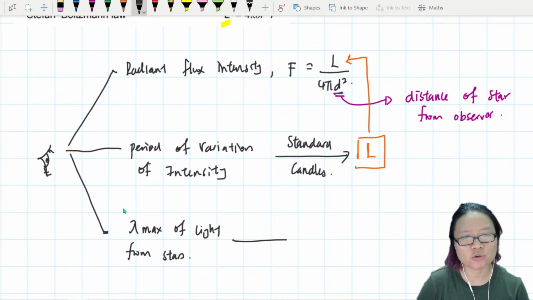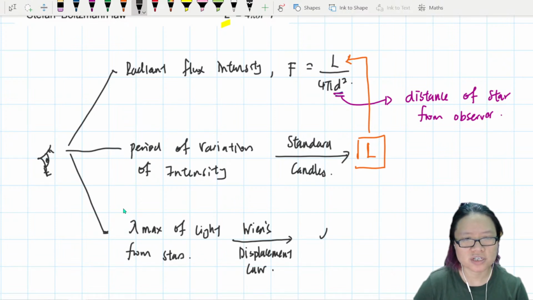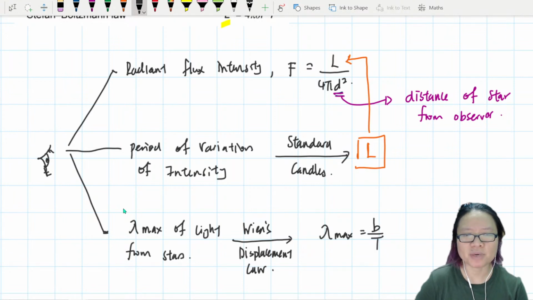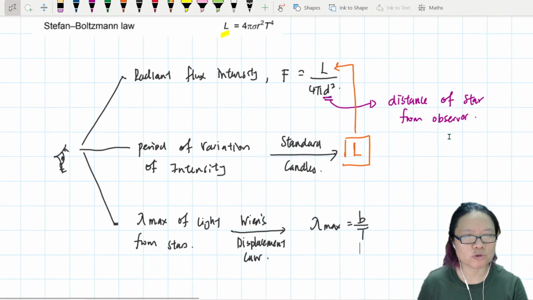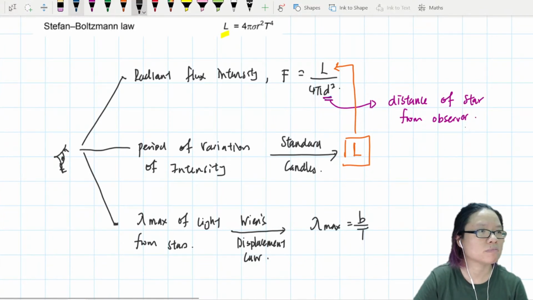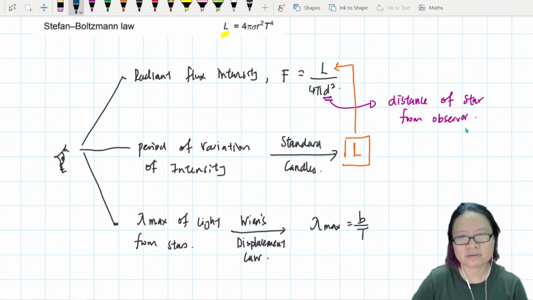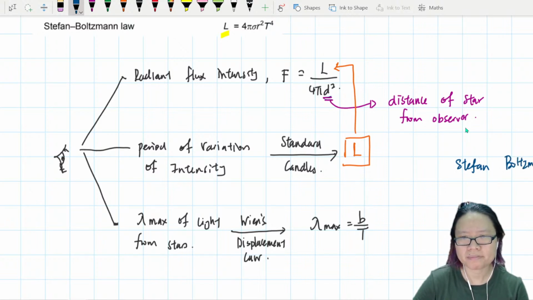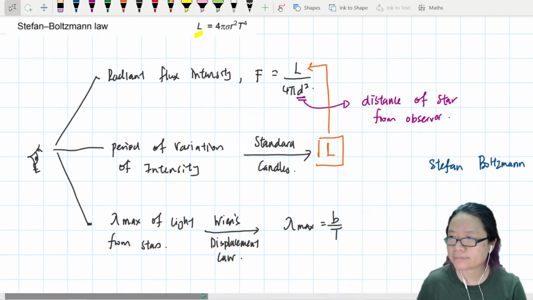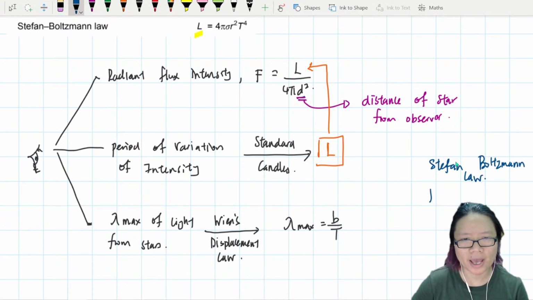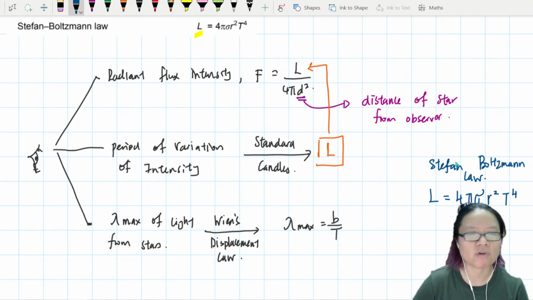And we can use Wien's displacement law, which is lambda max equals B over T, or proportional to B over T. And from here we can find temperature, because we can also use the Stefan-Boltzmann law, where L is equal to 4 pi sigma r squared T to the power of 4.